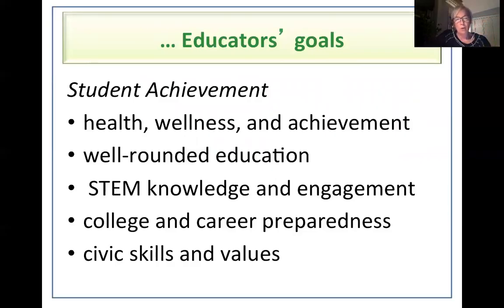So the educator goals in this are, from a student achievement standpoint, health and wellness and the connection of that with achievement, and the idea of a more well-rounded education that is not siloed, not stuck in different compartments, but is more holistic.